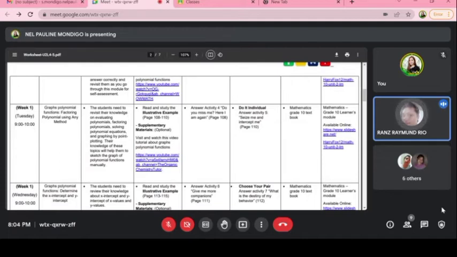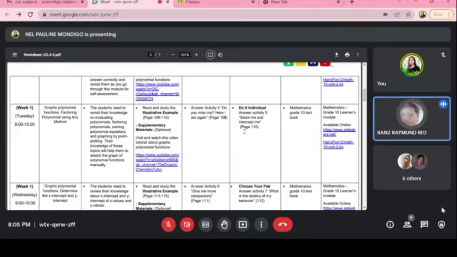For the discussion, read and study an illustrative example, page 113 to 115. For supplementary materials, the students can visit and watch this video tutorial about graphs of polynomial functions, determining the x-intercept and y-intercept, which we will give the link.